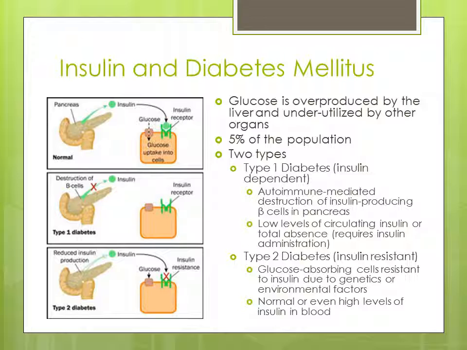People with type 2 diabetes can have normal or even high levels of insulin in the blood, but due to obesity or age, they don't uptake the insulin properly. Basically, their insulin receptors do not work. Excess fat results in insulin insensitivity, and this is why obesity is a major cause of type 2 diabetes.